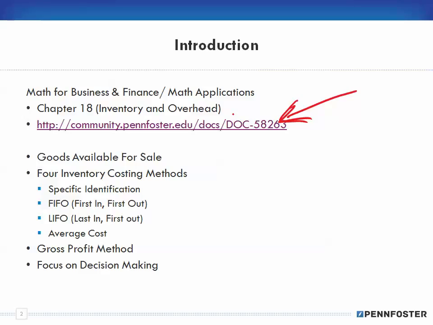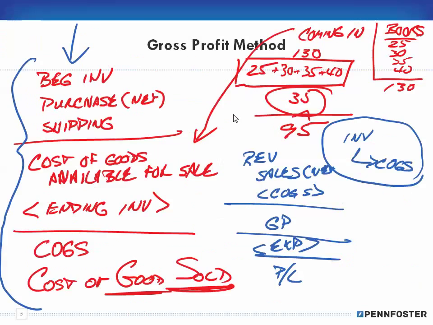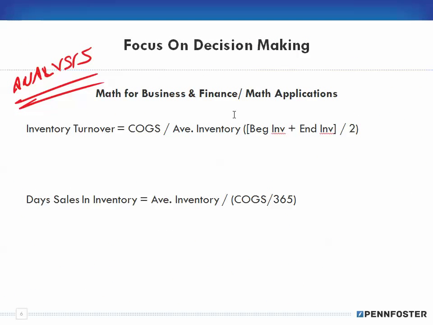So the math textbook took it as, okay, here's one chapter, here's all the ratios that we do for an analysis, and you can go back and watch those videos. Obviously it comes after inventory, chapter 18, but maybe that might be additional help, and they're all in one spot.